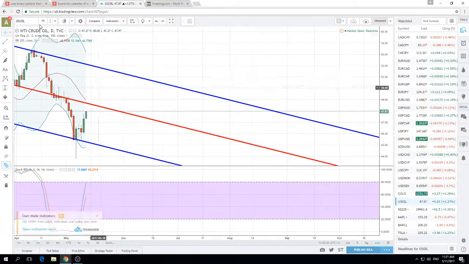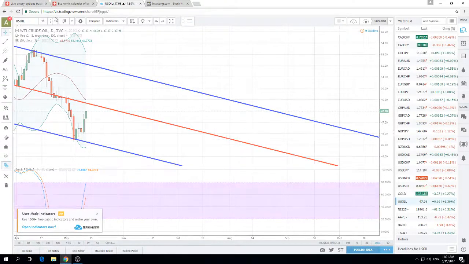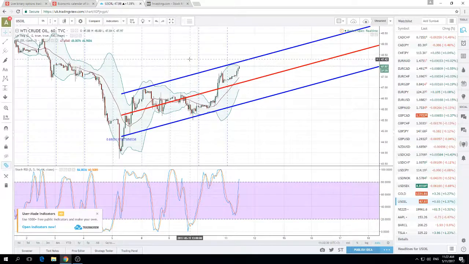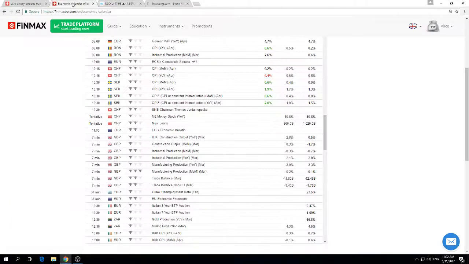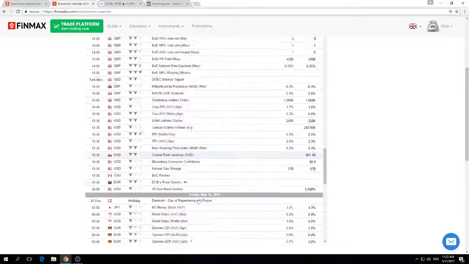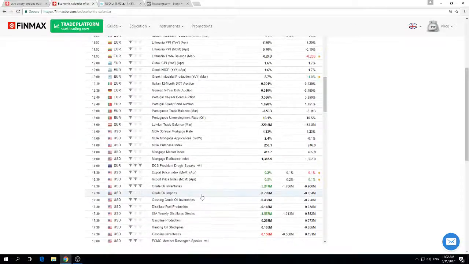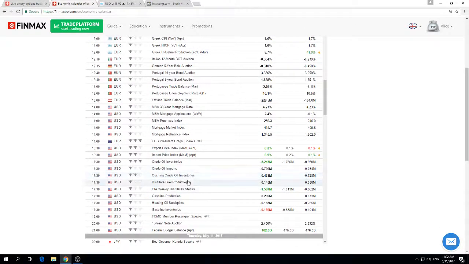About the American WTI oil, so we see that it's pretty high currently, but if you check the economic calendar, yesterday we had statistics on the crude oil.